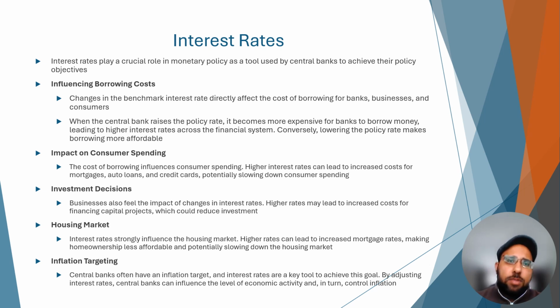But if inflation is too low, central banks can lower interest rates to stimulate the overall activity within the economy. Cheaper borrowing encourages more spending and investment. It boosts a lot of demand. It will send prices higher, moving inflation closer to its target.